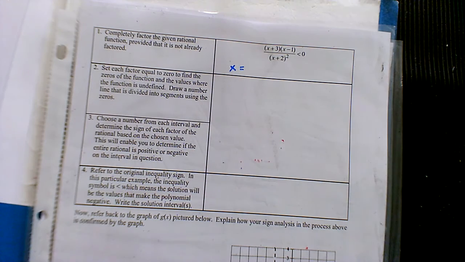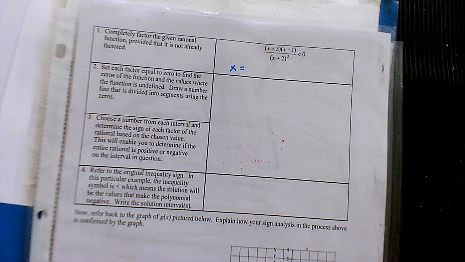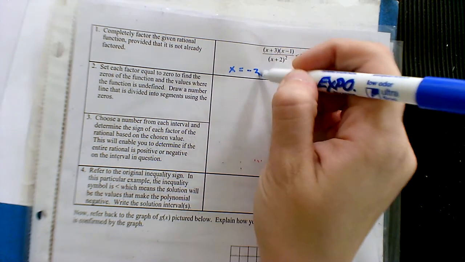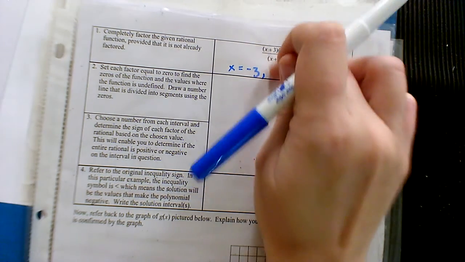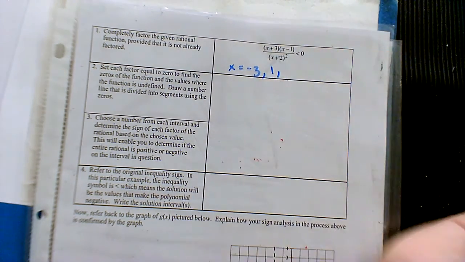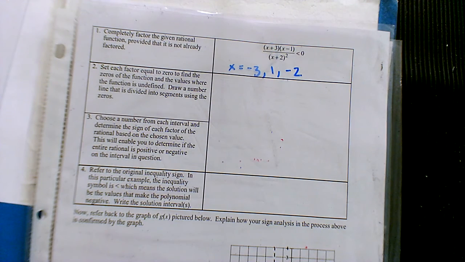X equals... Let's see, we'd have -3 from the factor up top. We'd have +1 from the factor up top. And a -2 from the factor in the bottom.